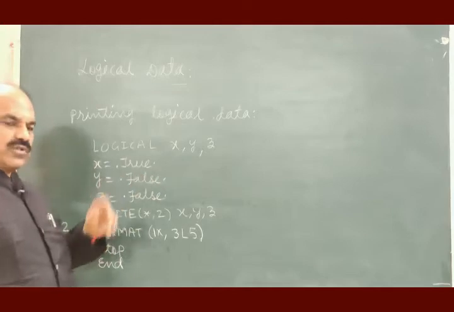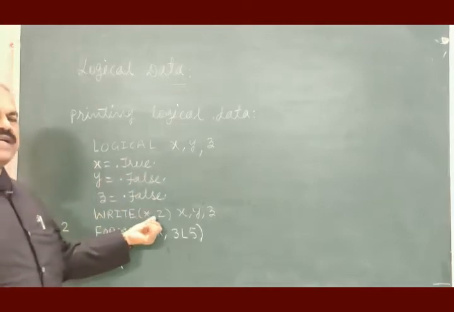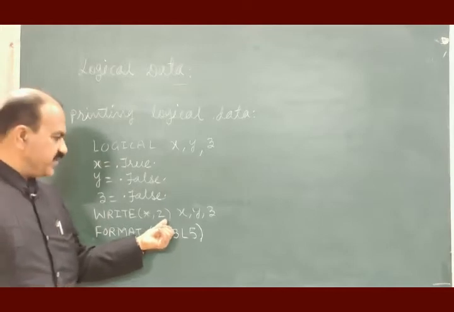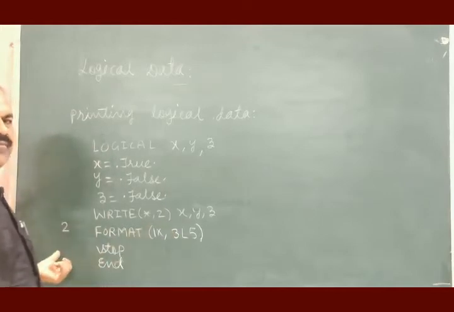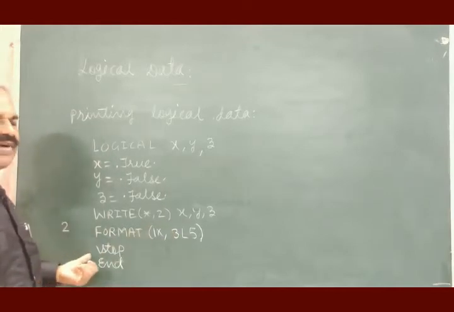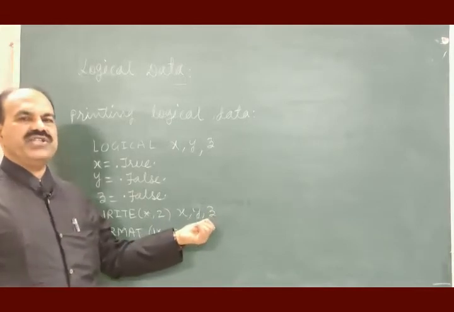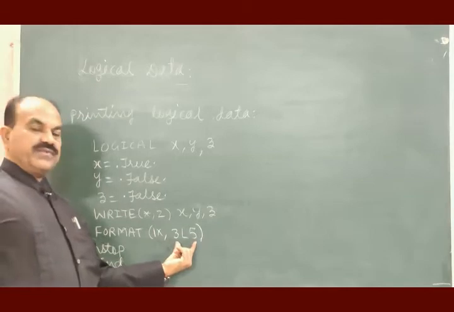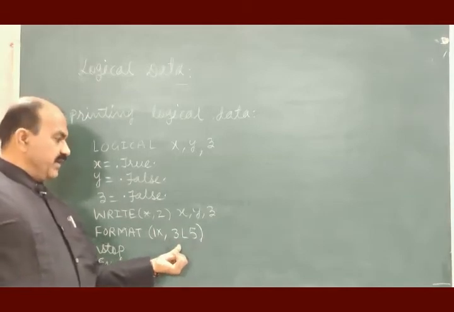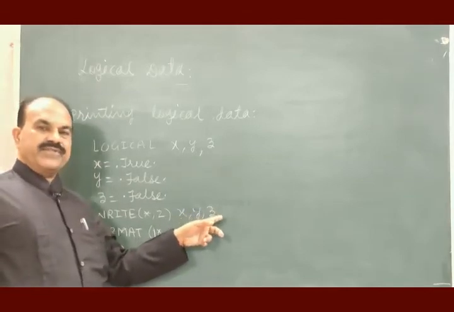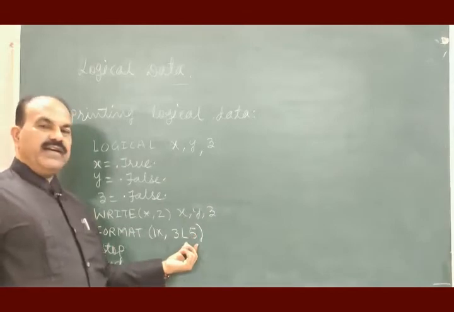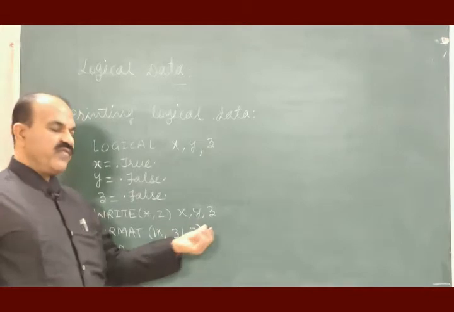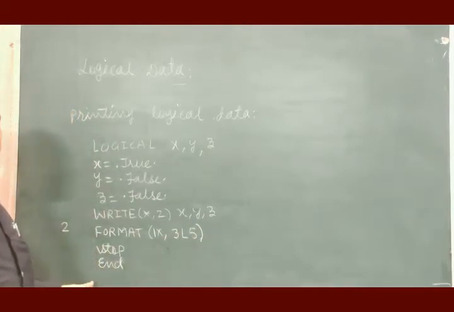Write asterisk for default output device, 2 is the statement number of the format statement, x, y, z. X, y, z are to be printed using this format. 3 refers to all the 3 variables. L5 refers to the format for x, format for y, format for z, stop, end.